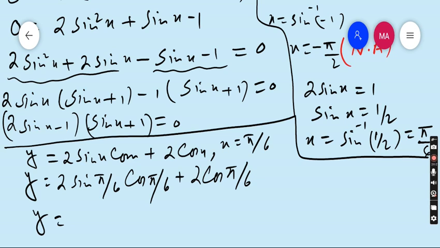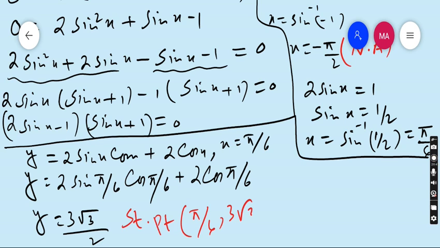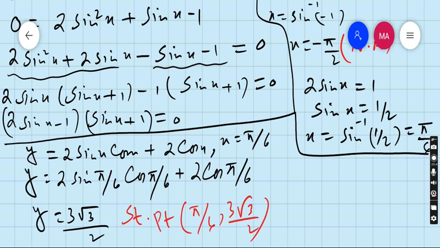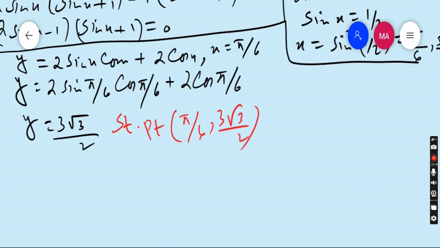With the help of calculator, we have 3 root 3 upon 2. Hence, the first stationary point is pi by 6, comma 3 root 3 upon 2. Now, we have to take the second value of x, that is 5 pi by 6.